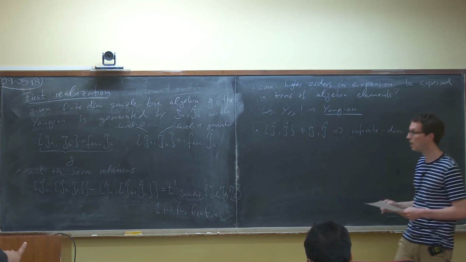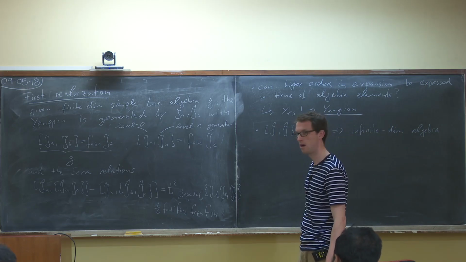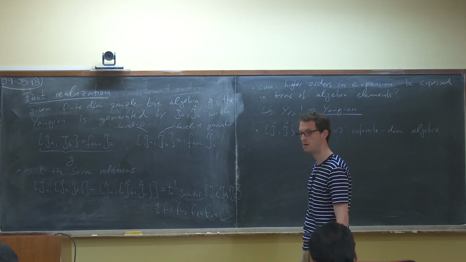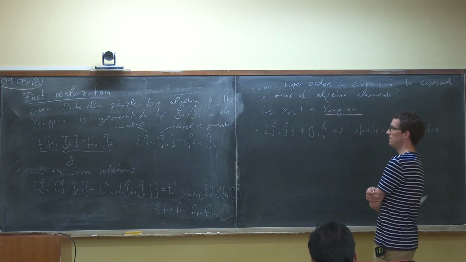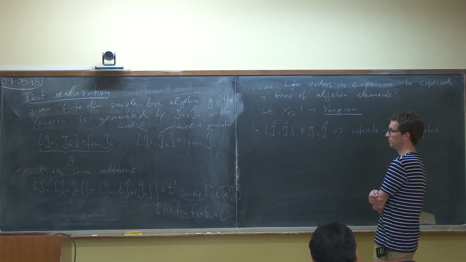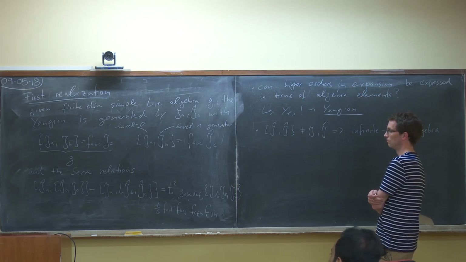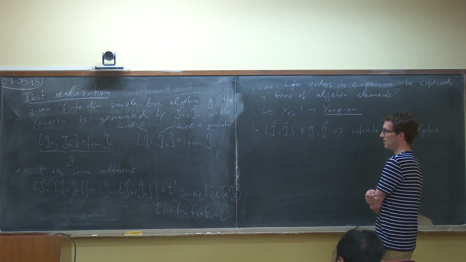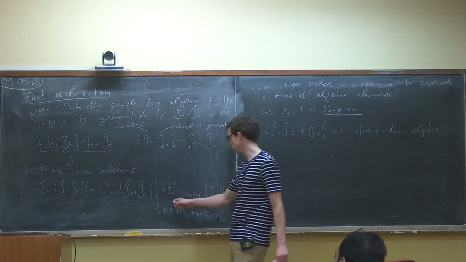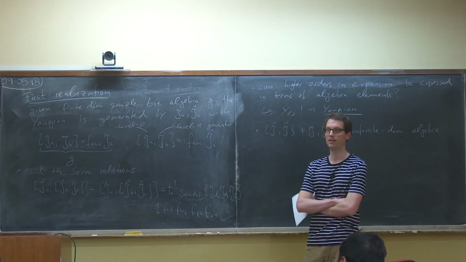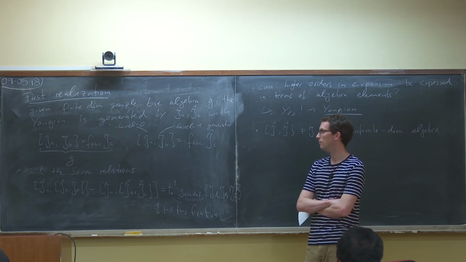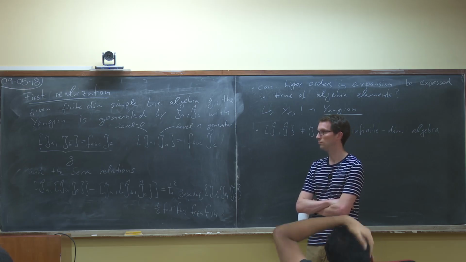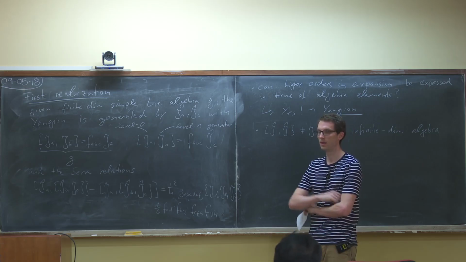So the way Yangian is defined here, does this imply a non-trivial coproduct necessarily? I guess so, yes, because of this right-hand side. If you switch off the right-hand side, you have something like a loop algebra.